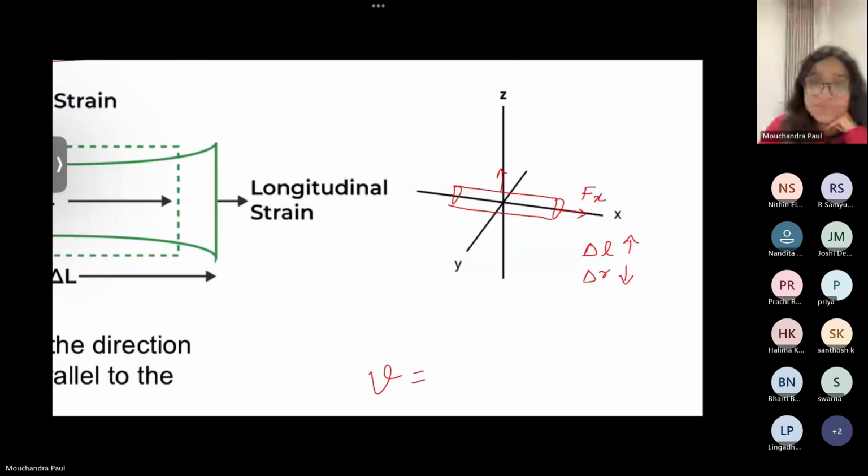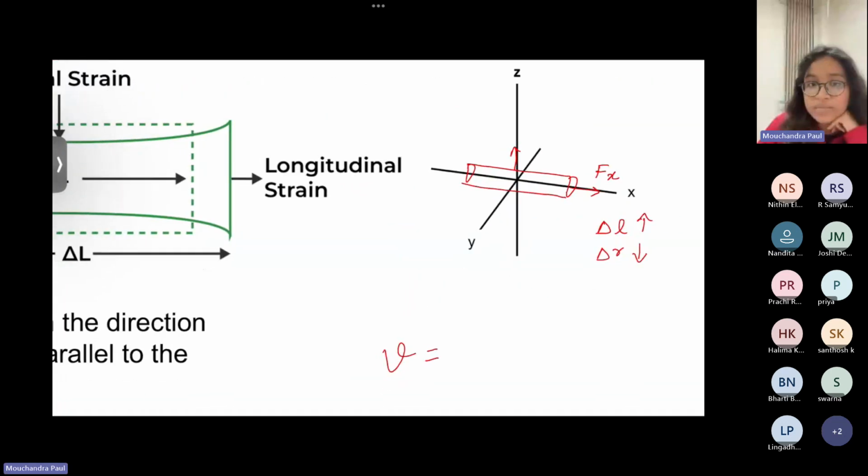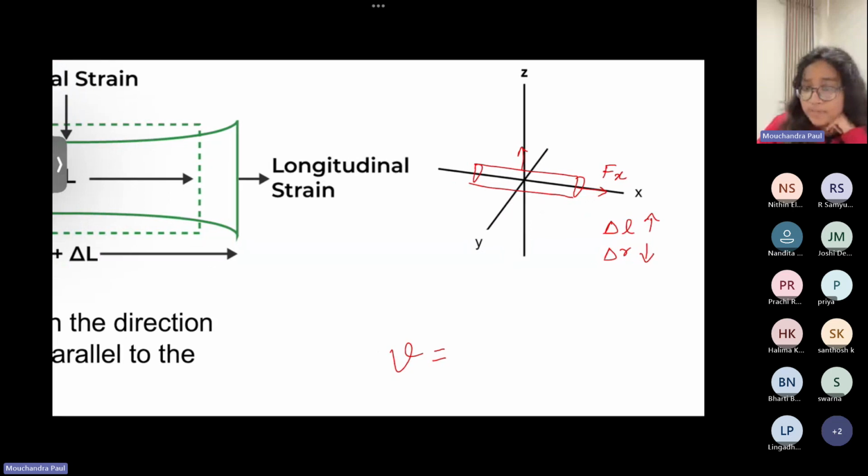So here in this diagram, Poisson's ratio will be epsilon in the z direction, because the force is in the x direction, divided by epsilon x. Here, strain is in the perpendicular direction to the applied force, divided by the strain in the parallel direction.